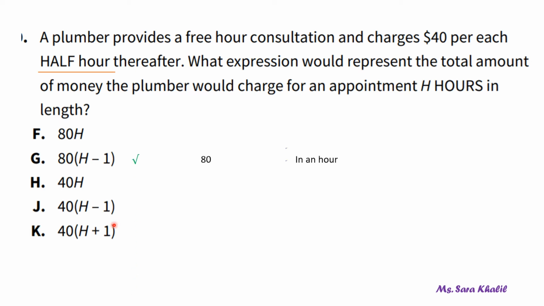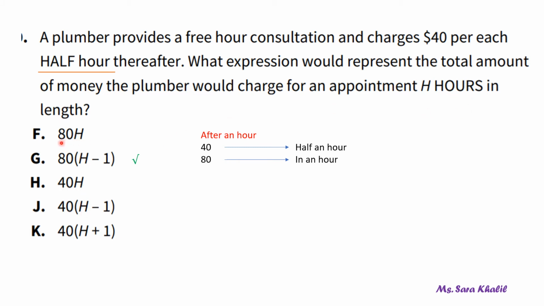And why is it G? Let's see. After an hour, what is happening? They said they pay 40 every half an hour. That means 80 in an hour, right? Makes sense? Okay, which one would show me? F or G would show me that. So it's one of the ones that have 80 in an hour because all of these H's, they said H is the hours, right?